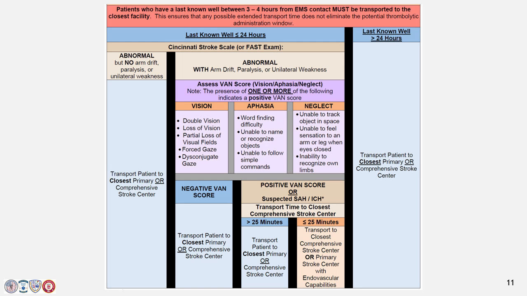They downgraded to a primary, but I'm told that they're going to regain their comprehensive. So when that happens, they're back in the game for transporting. There may be a primary stroke center that gets endovascular capabilities, in which case they would enter that orange melon colored box down at the bottom there.